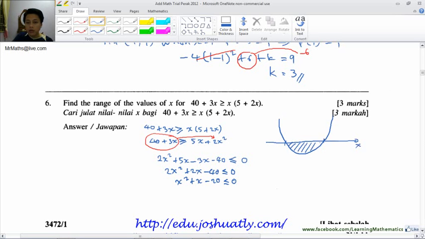Here is where we want to find, and we want to find these two values here, x1 and x2. What is that value? We can do that by factorizing the expression on the left hand side of the less than or equal to sign.